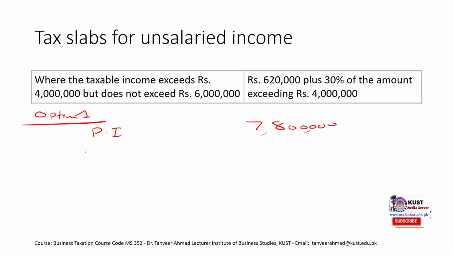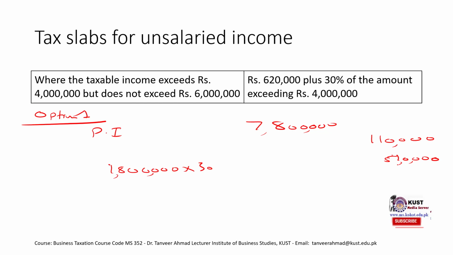Okay, so the tax would be 11,10,000 plus the amount exceeding 60 lakh rupees, which is 18 lakh rupees, and the percentage would be 30%. So this would become 5,40,000. Sorry, 5,40,000.